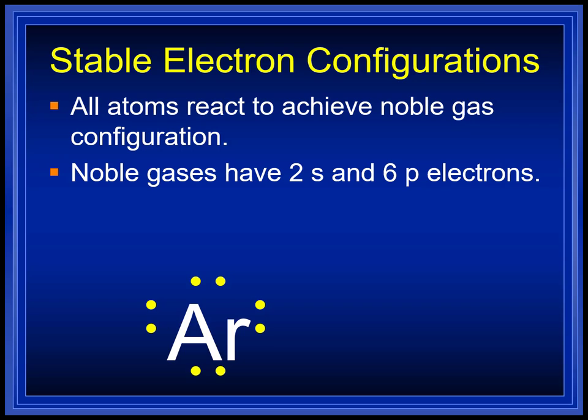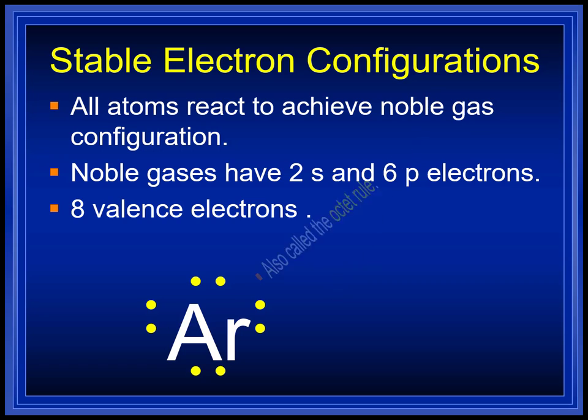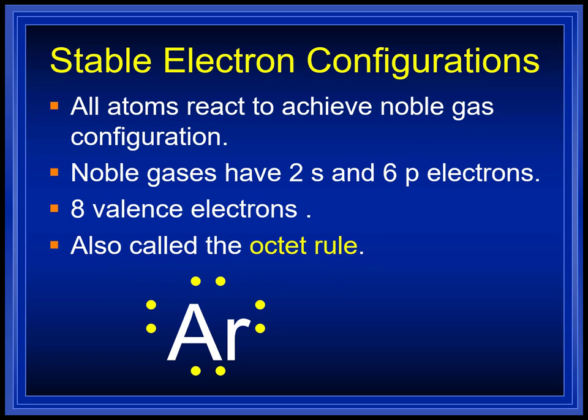S2, P6. That's a total of 8 valence electrons, and that's why they call this the octet rule, and refer to it as a stable octet. Oct for 8.